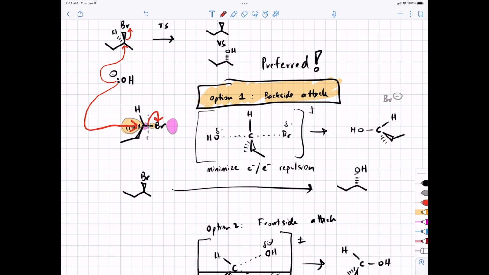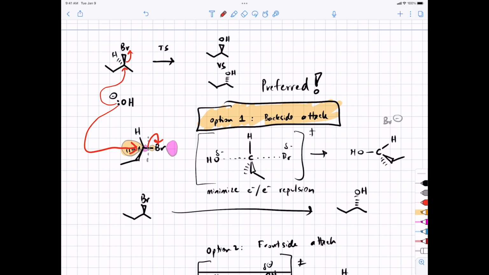Okay, and maybe you could have actually predicted that based on your HOMO-LUMO intuition. This is one reason why we spent so much time on HOMO and LUMO, because now you don't need to memorize that the SN2 reaction proceeds via backside attack with inversion of stereochemical configuration, because that just falls out of the mechanism if you understand where the HOMO and the LUMO are.